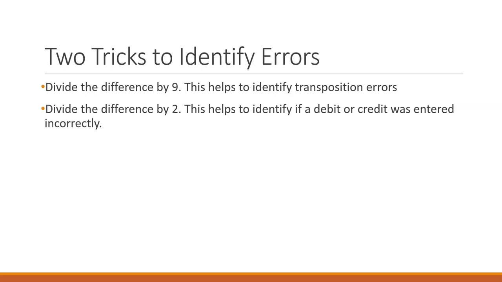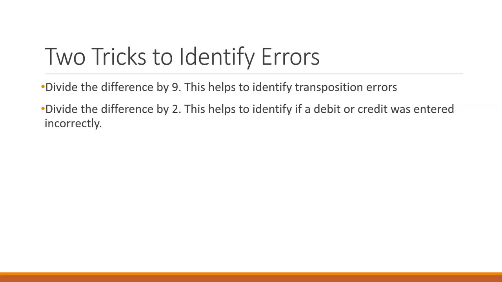A transposition error is when we flipped numbers while recording them. For example, instead of 59, we typed 95. So if it's equally divisible by 9, this tells us that we need to find a transposition error. This helps us to know what to look for when we're looking through our ledger and our journal entries.